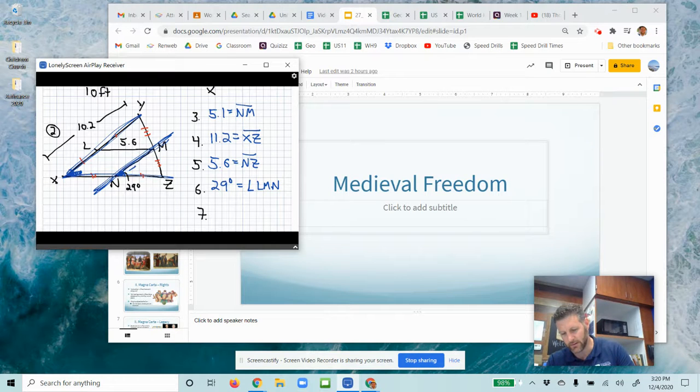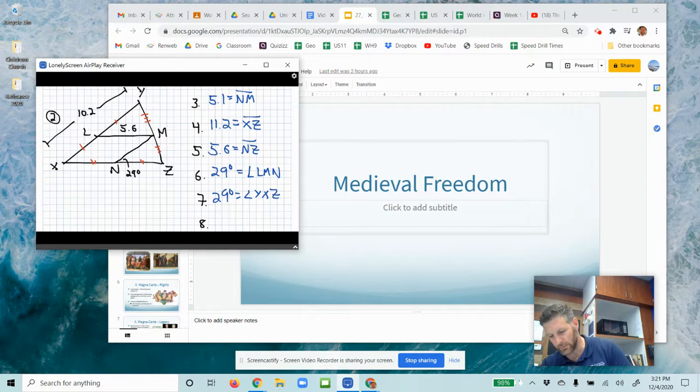This angle here and this angle here are corresponding angles. So if you remember back to chapter 3, they must be congruent. So YXZ must be the same as 29 as well. So 29 degrees equals angle YXZ.